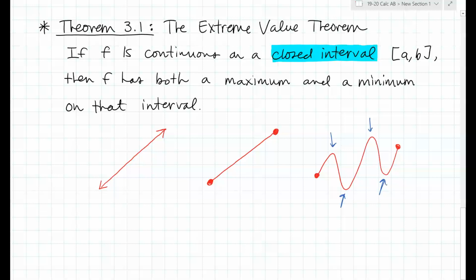But those endpoints are not maximums or minimums. It's not the highest point. It's not the lowest point. So this graph right here would have no endpoint extrema. It would have an absolute maximum right here and an absolute minimum right there. And what are the other ones called?